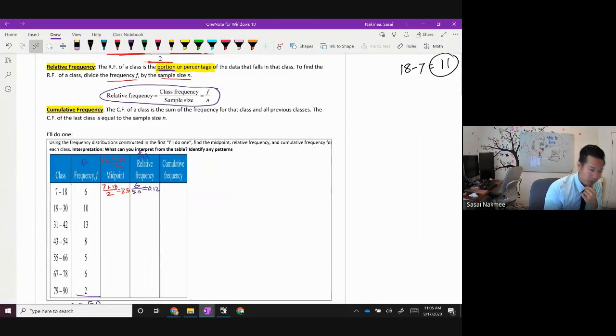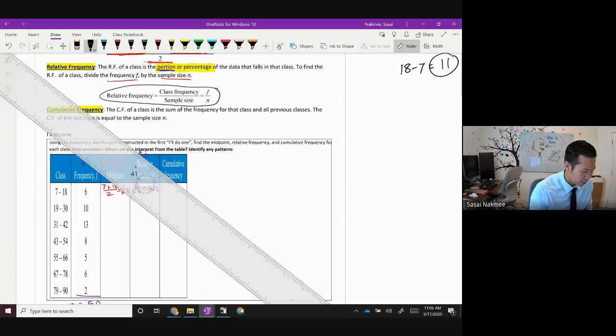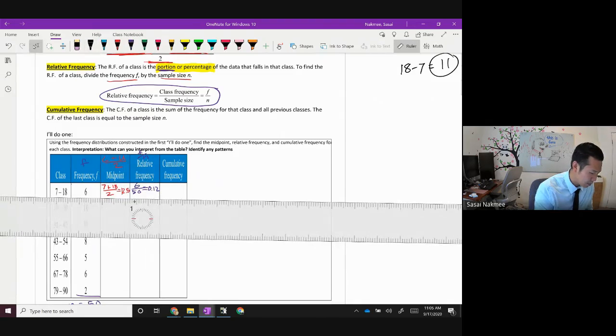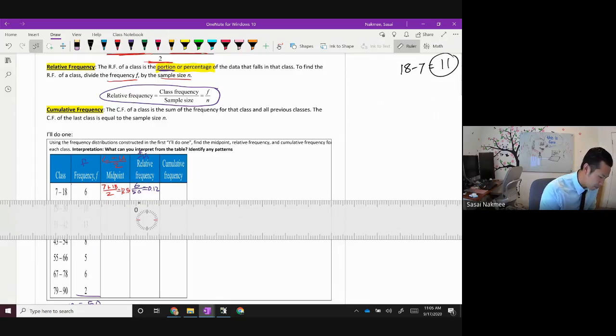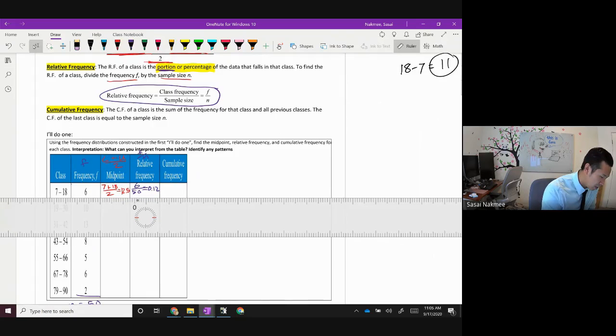So if you want me to do it again, let's take a look at the relative frequency for the next line down. Let me draw this line so I can show you, because that line is not straight. Hold on a second. I'm going to cheat a little bit here. You guys have a ruler function, right? There we go.